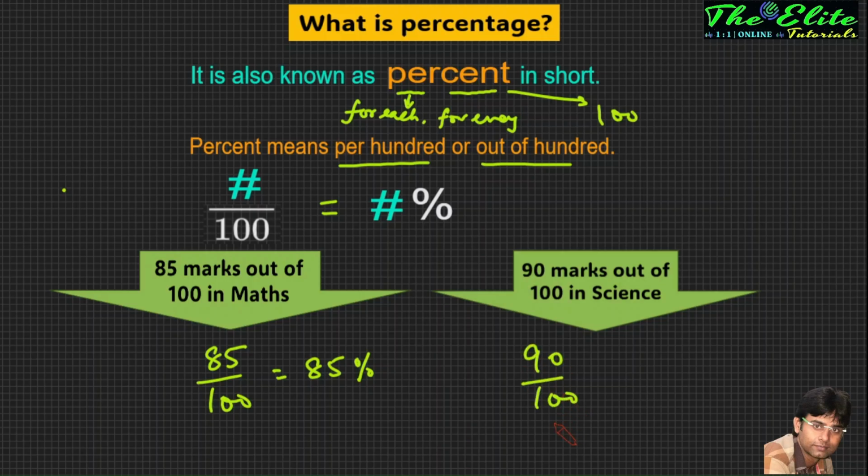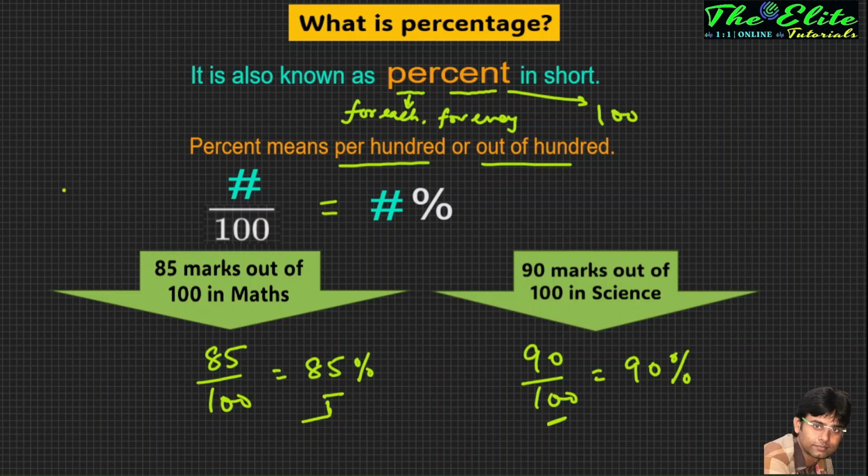Out of means the number 100 is written in the denominator, and the 100 below as a denominator is written as this sign, which is known as the percentage sign. So 90 by 100 will be 90%, 85 by 100 will be 85%.